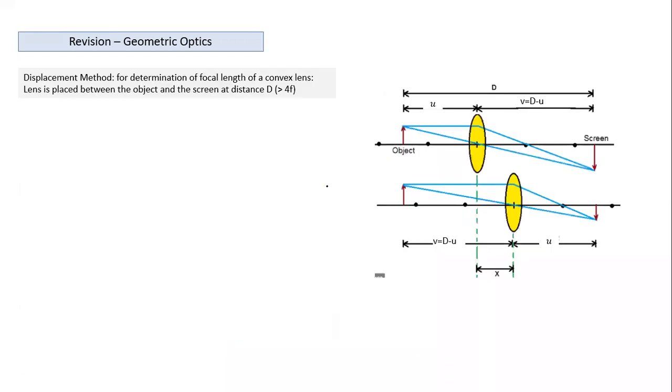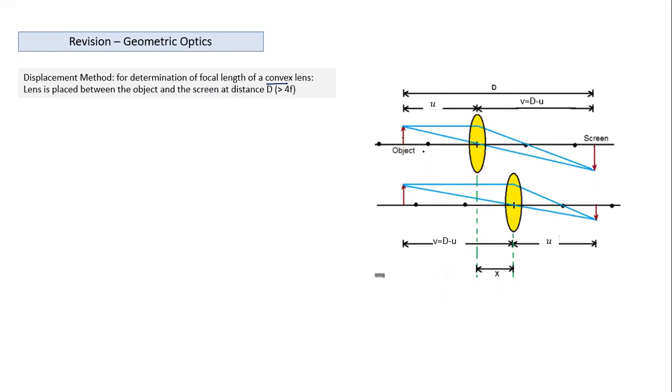Now we come to one more experiment related to lenses, and this experiment is called the displacement method. This is used for finding the focal length of a convex lens alone. In the case of a convex lens, the minimum distance between object and real image is equal to 4f.